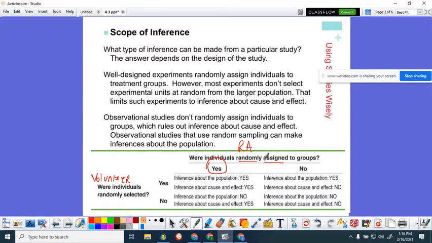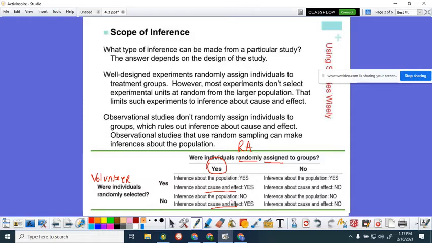All right, so let's talk about random allocation. If somebody was randomly allocated to their group, then you can say what we call cause and effect. Okay, so with the COVID vaccines, since people were randomly allocated to either get a placebo or the vaccine, I can say that people in this study, and people just like them, had a 95% rate of not getting the virus.